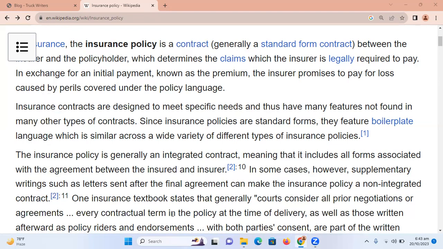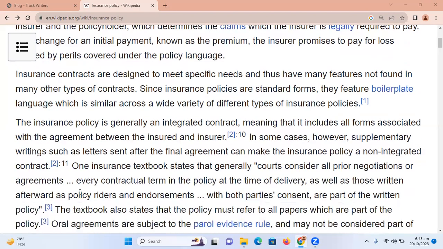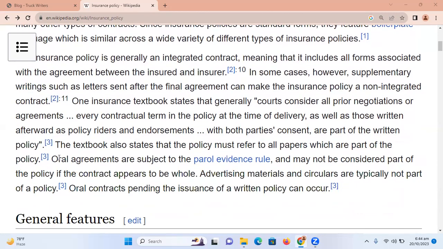Contractual terms in the policy at the time of delivery, as well as those written afterward as policy riders and endorsements with both parties' consent, are part of the written policy. The textbook also states that the policy must refer to all papers which are part of the policy.